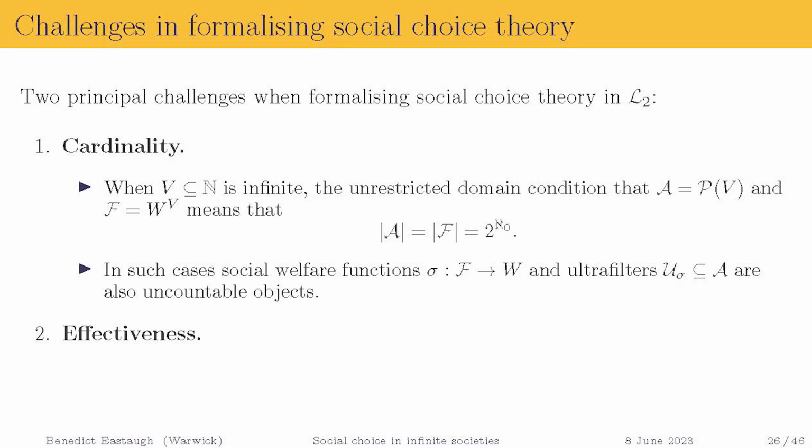So we need to make sure that, for example, Arrow's theorem is still true in this setting. And the second challenge is effectiveness. So roughly here, the idea is just we're working in this base theory that only admits the existence of computable things, only has a limited amount of induction, and so we need to have definitions that are tractable within this weak theory.